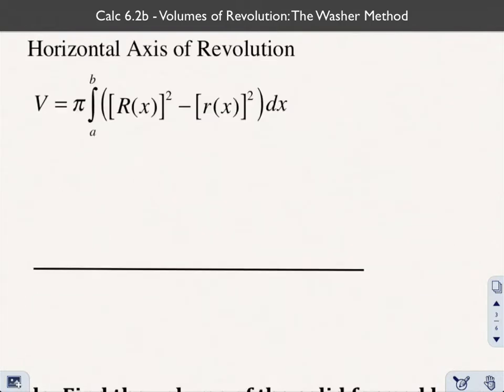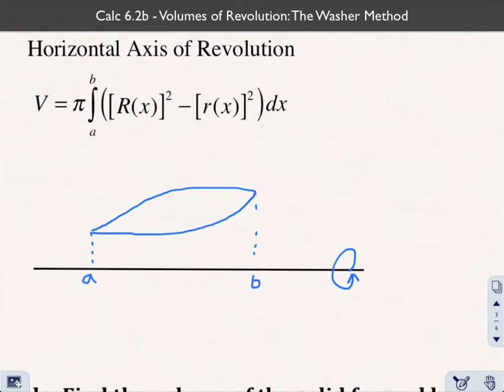First, let's deal with a horizontal axis of revolution. We're going to make a region bounded by two functions, with this function on top and this function on the bottom, and we're going to revolve this around this horizontal axis, going from a to b.